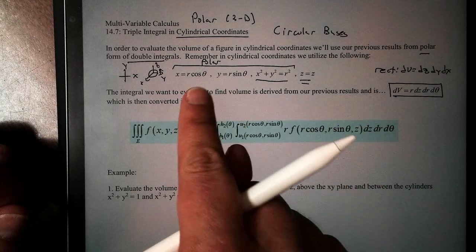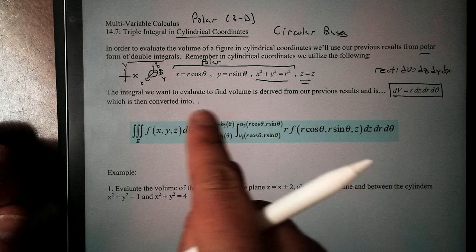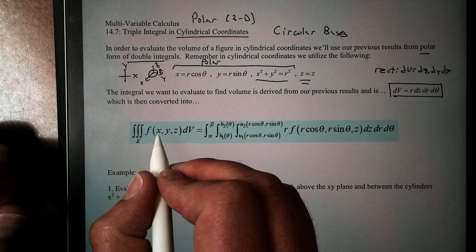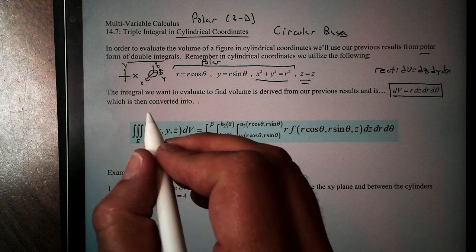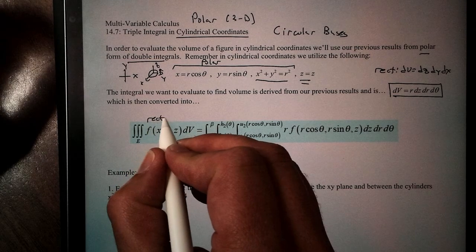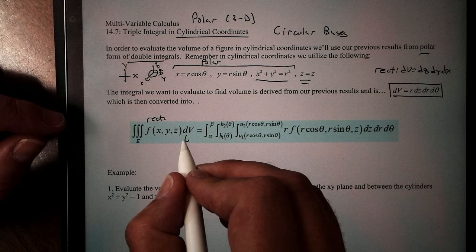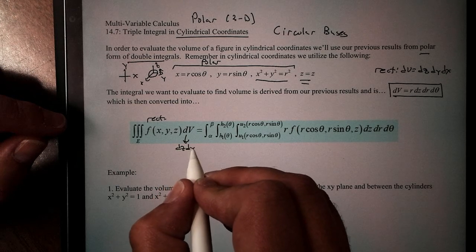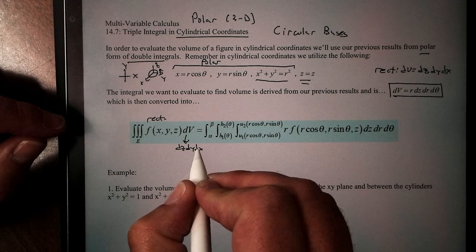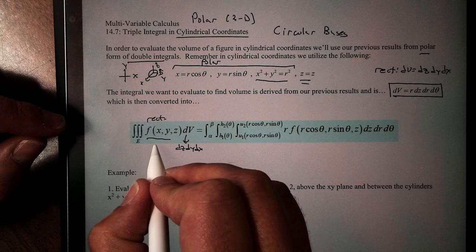So our integral that we're going to evaluate, we're going to convert it to this. Here is our rectangular, where our dV, our change in volume, is going to be dz, dy, dx, and our function is in terms of x, y, and z.